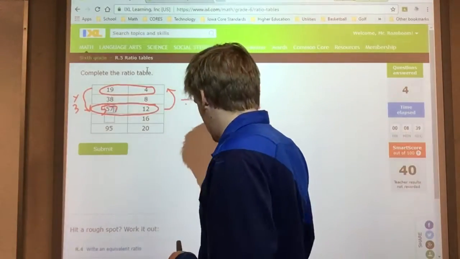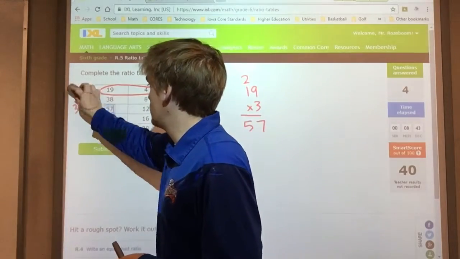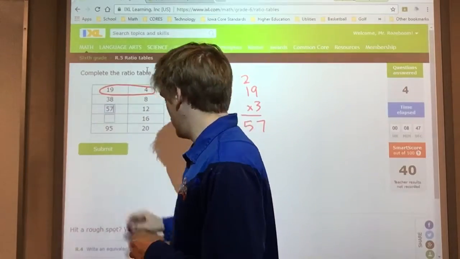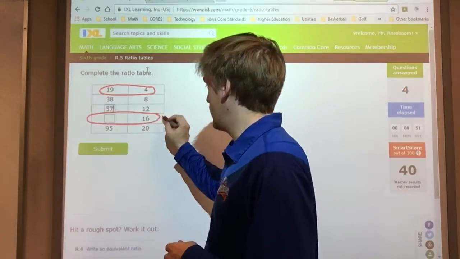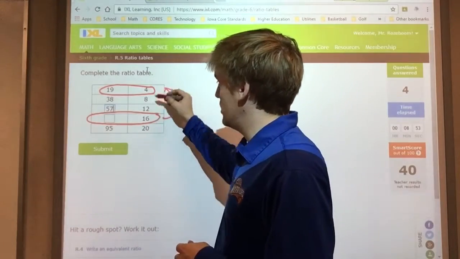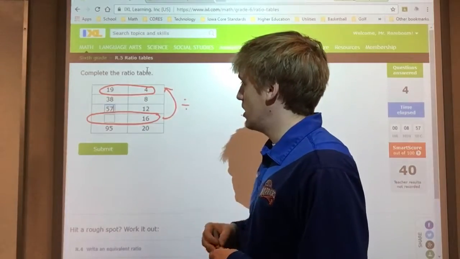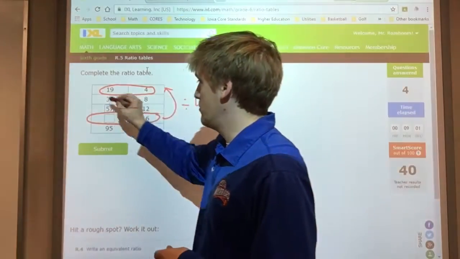And I'm going to erase some of this. I'm going to use the top row again to figure out the next blank. 16 divided by what? I'm going up, so I'm going to divide. Divided by what gives me 4? 16 divided by 4 gives me 4.